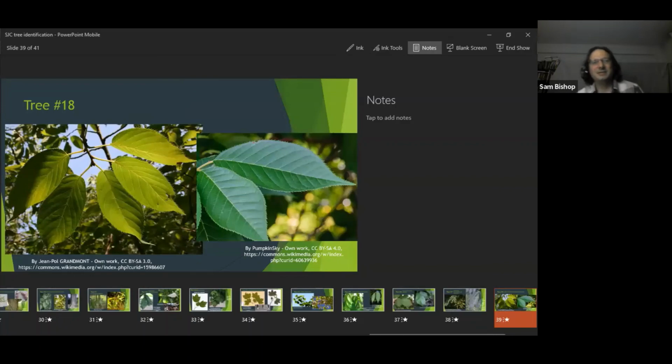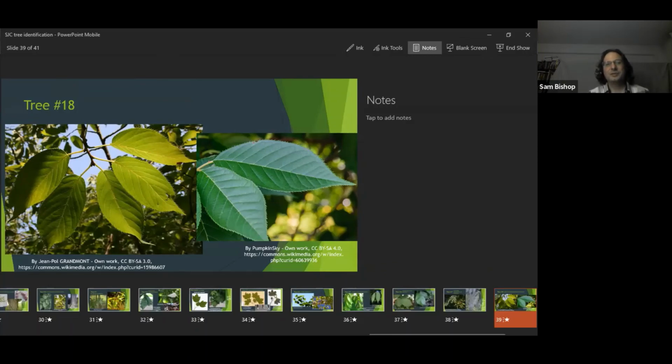And 18, very common. These kind of football-shaped leaves, and you'll notice they have these very long, kind of feathery teeth, but very small around the edge of the leaf, that again point forward.